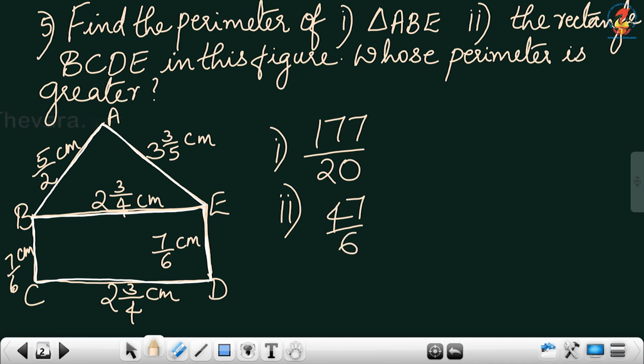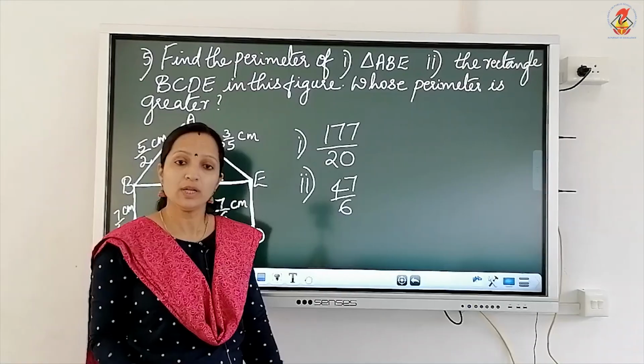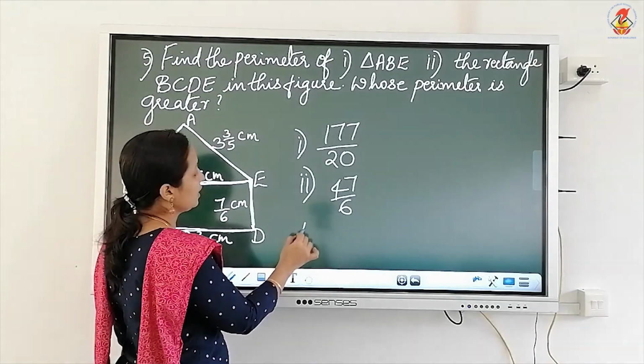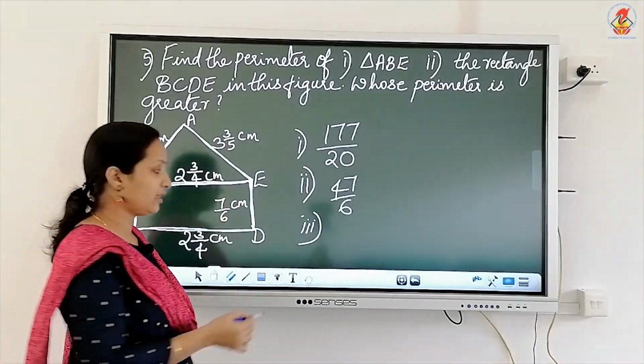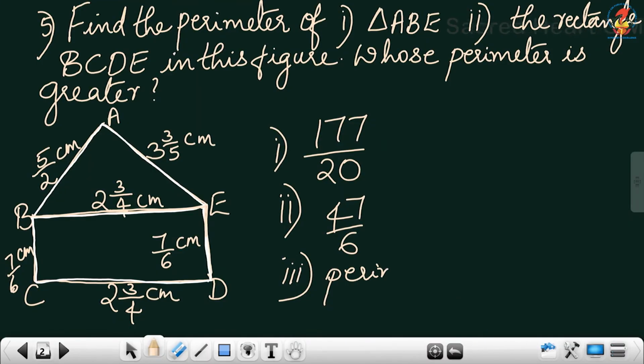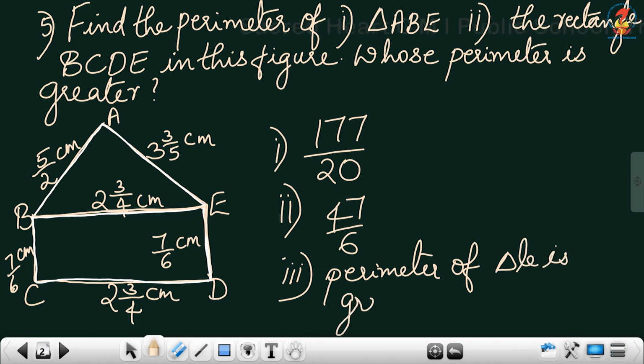Both are improper fractions, so we have to convert them into mixed fractions. And what is the third part of the question? Whose perimeter is greater? Perimeter of the triangle is greater than the perimeter of the rectangle.